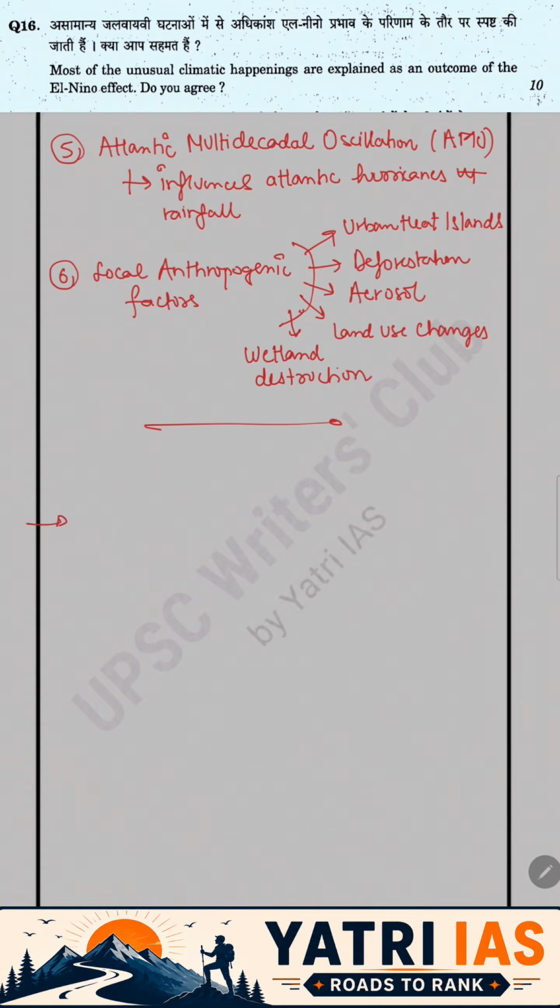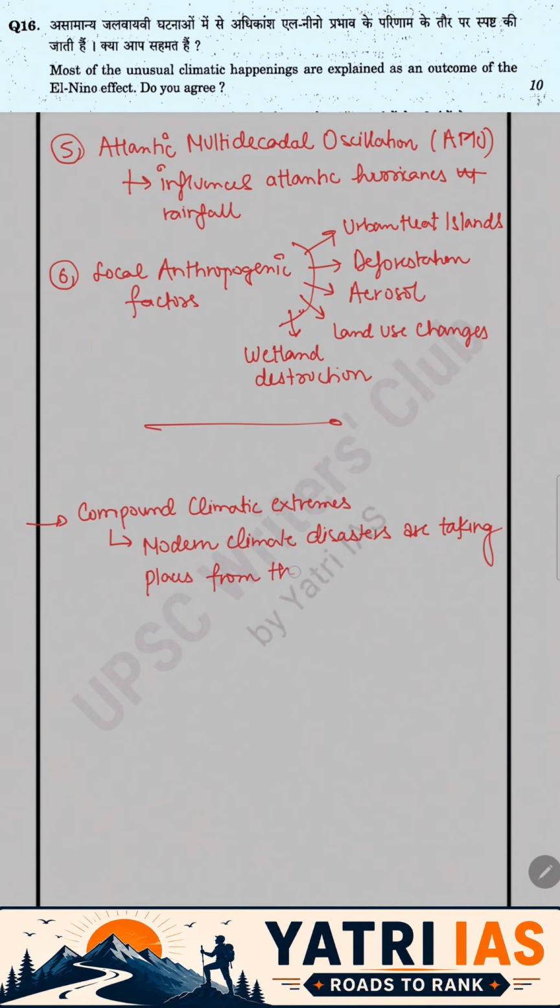Now, towards the end of the answer, you would mention that compound climatic extremes leading to modern climate disasters are taking place from the interaction of El Nino as well as several other factors as well as anthropogenic warming.